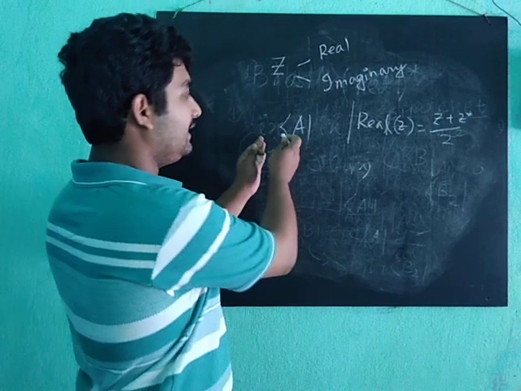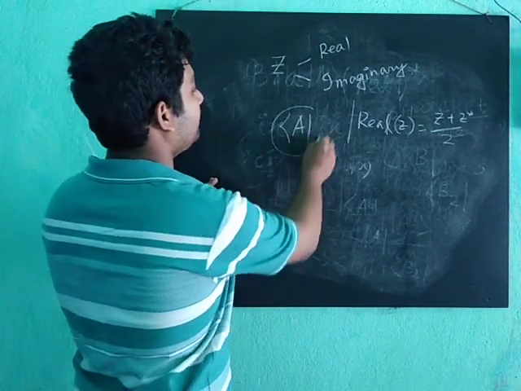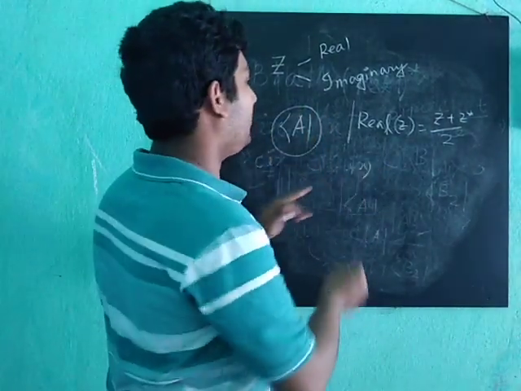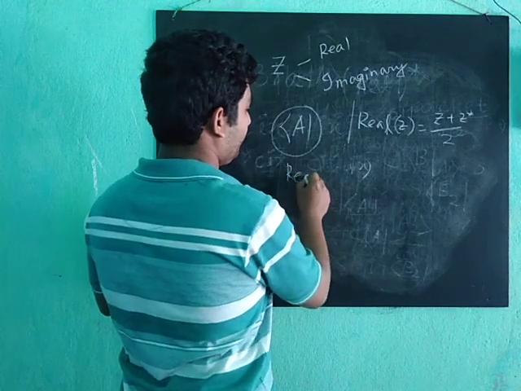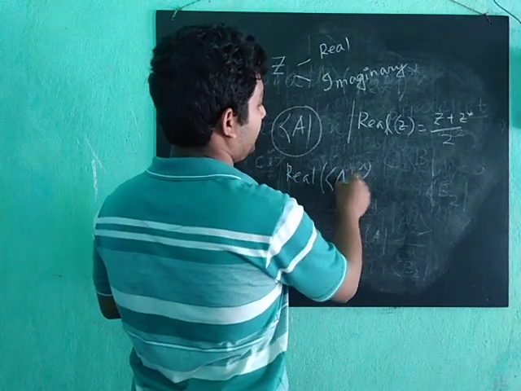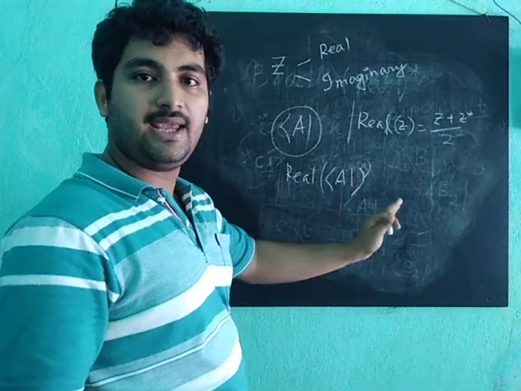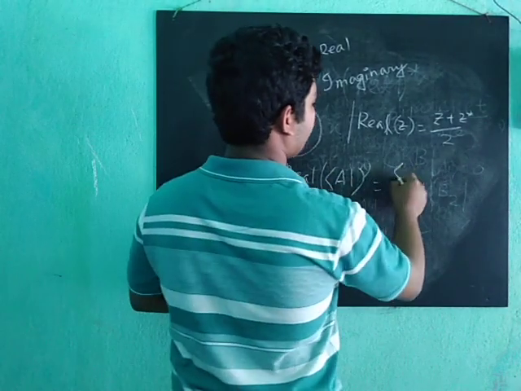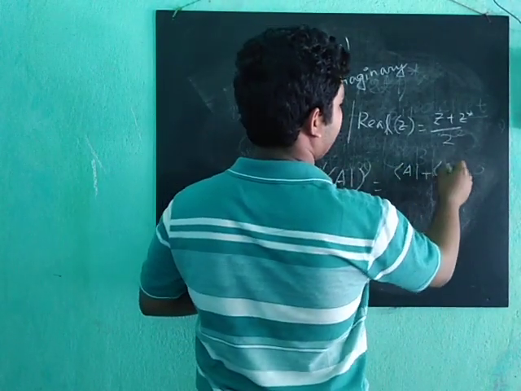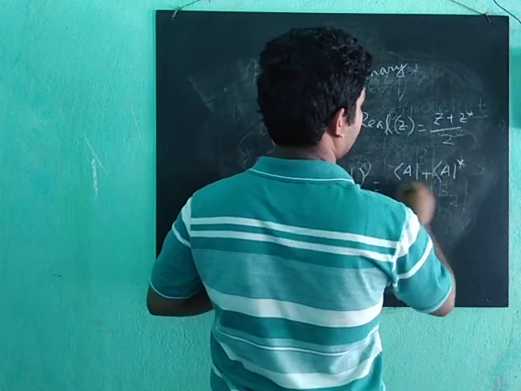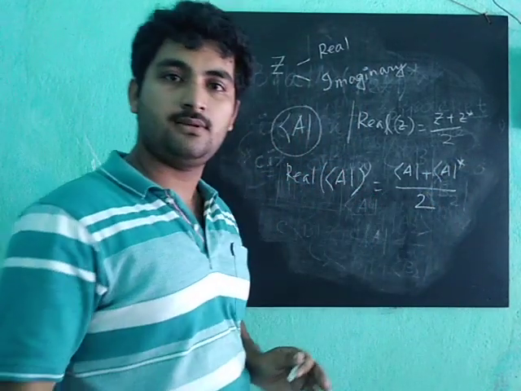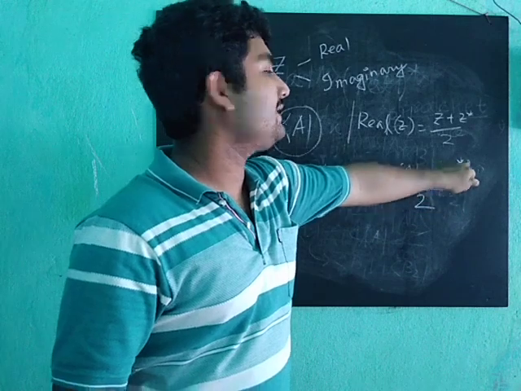If I try to find the real part of this ket vector, what will be the formula? The real part of A will be equal to A plus A star. Now what is A star?